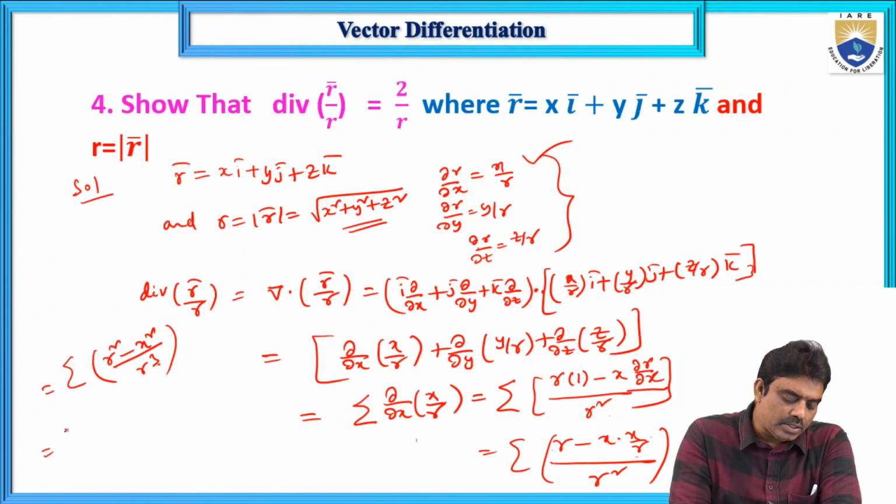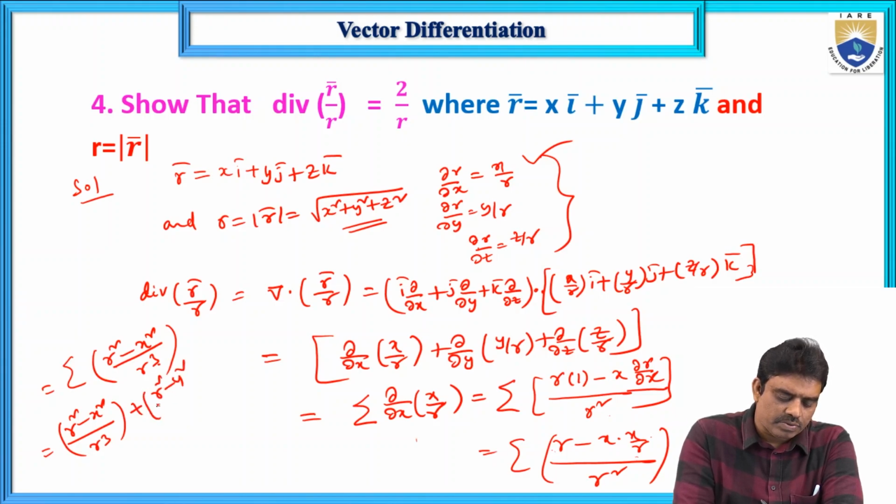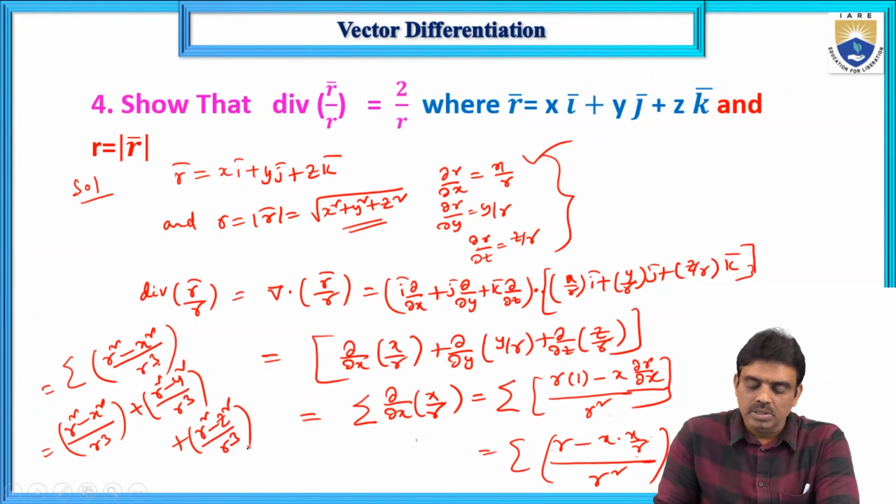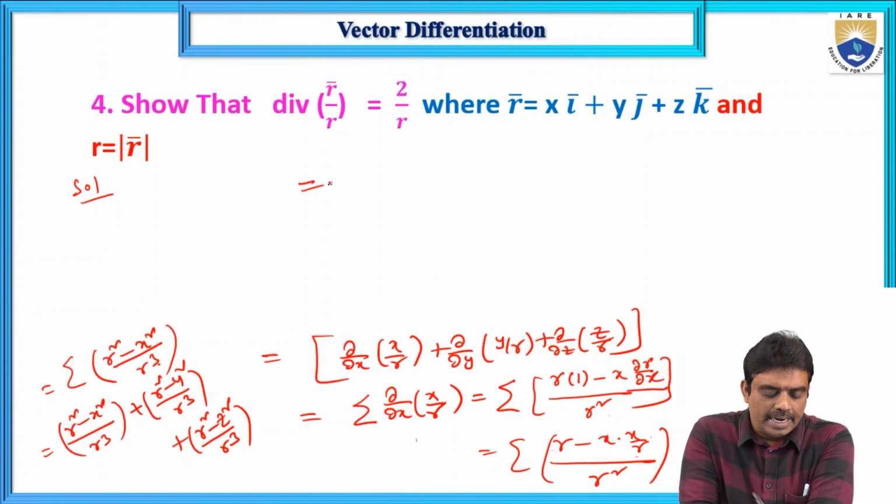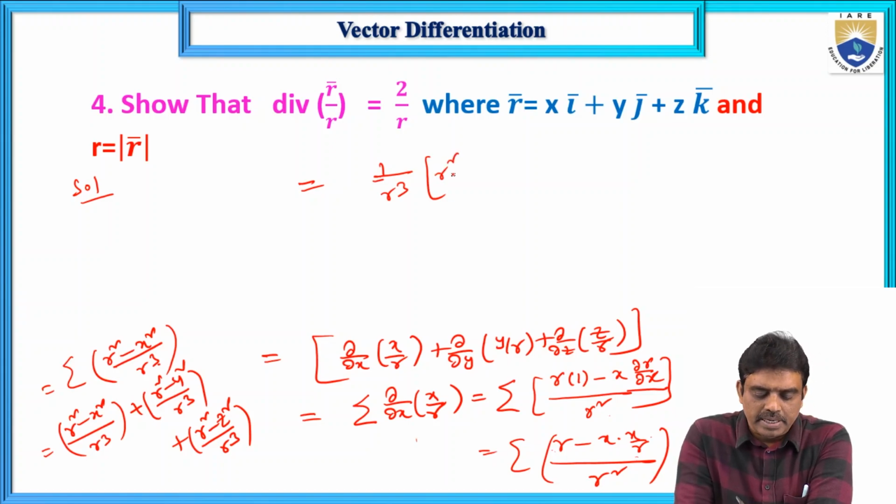So I can write (r square minus x square) by r cube for the first term, (r square minus y square) by r cube for the second term, plus (r square minus z square) by r cube for the z term. Now on adding all three terms, 1 by r cube is the common factor: 1 by r cube into (r square minus x square plus r square minus y square plus r square minus z square).